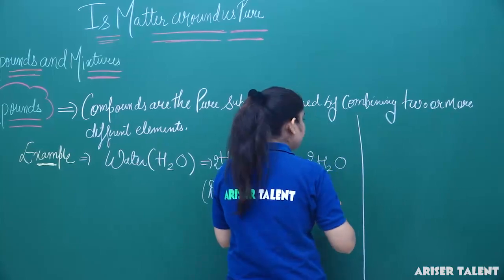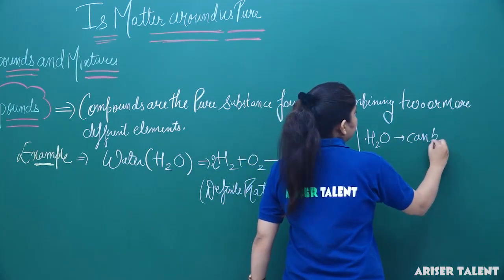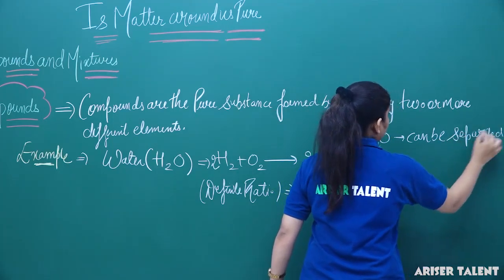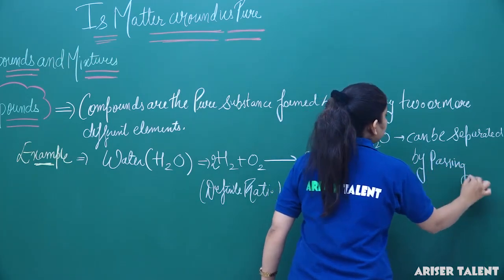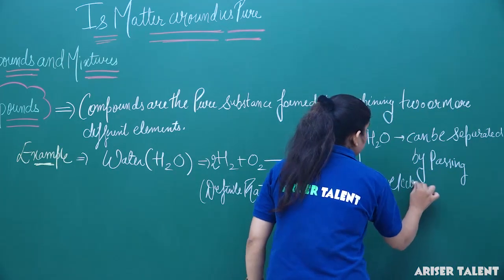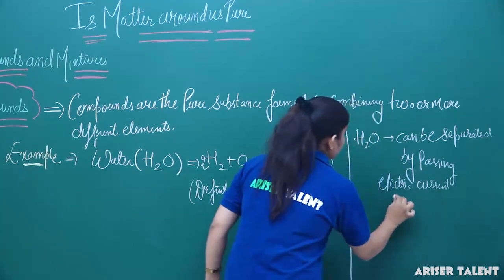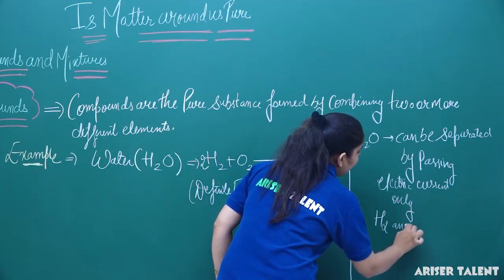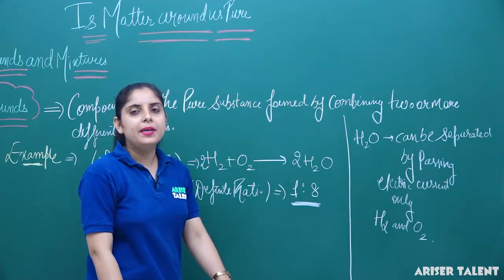This is H2O, and it can be separated by passing electric current only. If I pass electric current through water, it will be separated into H2 and O2. Clear? This is how you can separate the compound.